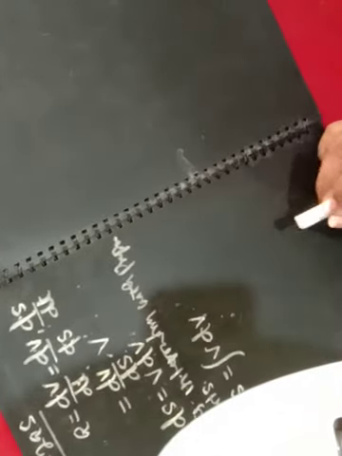So the variable here is the velocity, and here the variable is the distance.